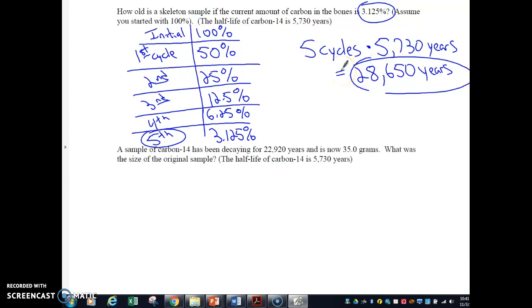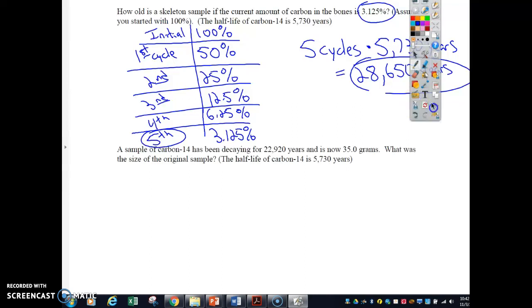I gave you an indication of what you're starting with, 100%, and I told you how much you were ending with, 3.125%. So you had to figure out how many cycles it goes through to get that final amount. And then you just multiply the number of cycles by how much each cycle takes. Remember, put initial or start or something like this, because if you put 1 up here as 100%, you're going to be off by a cycle in this table, and it's going to throw off your math.